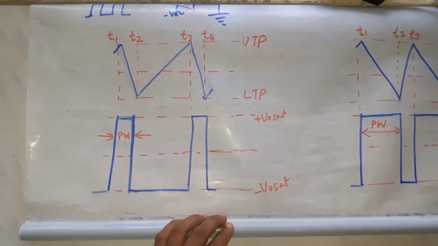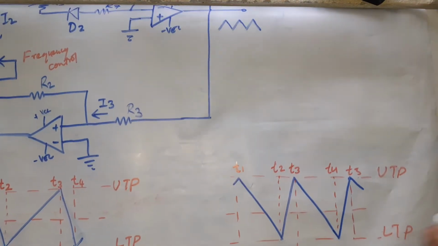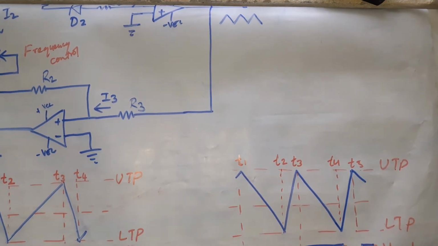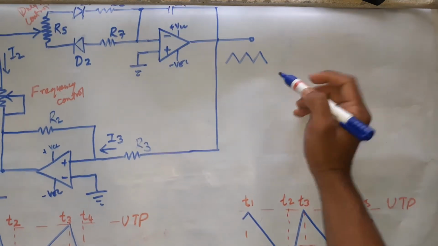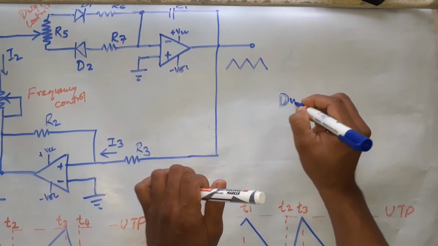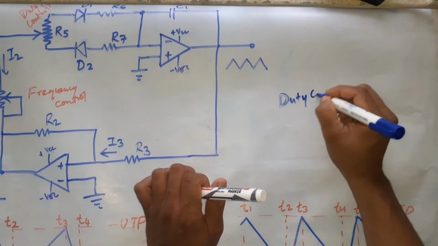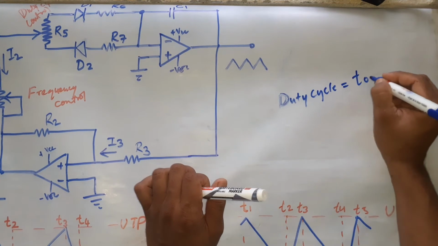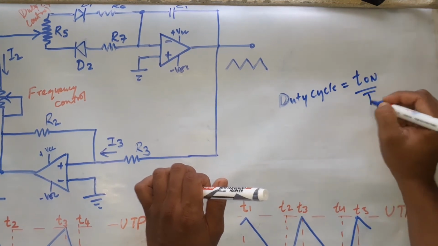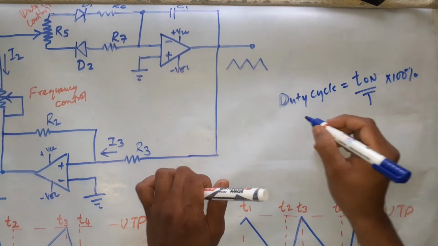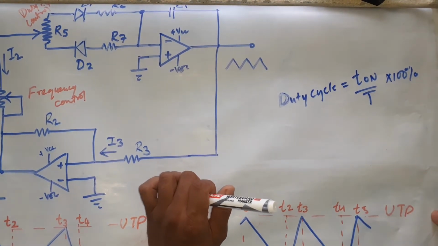Now what is this pulse width? Why I have come to this topic is because we know that duty cycle is given by T on divided by total time T, times 100%. This is how the duty cycle is given.